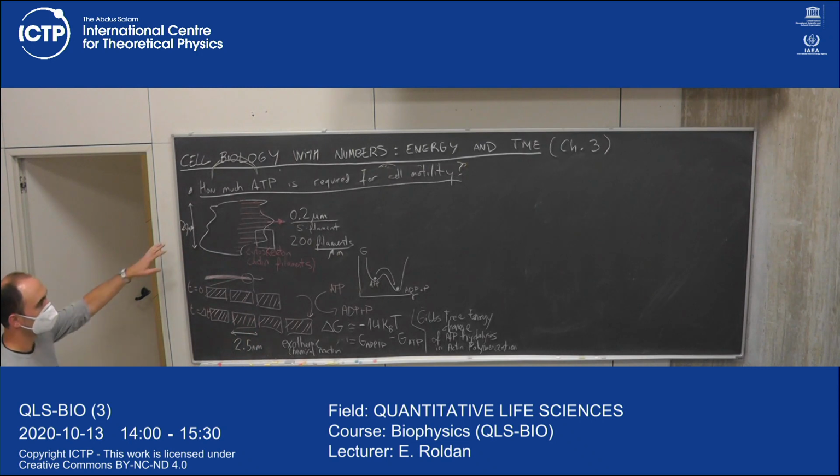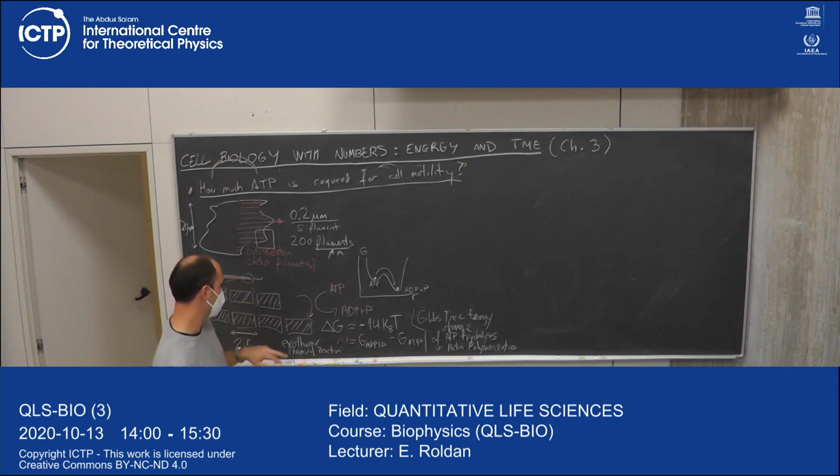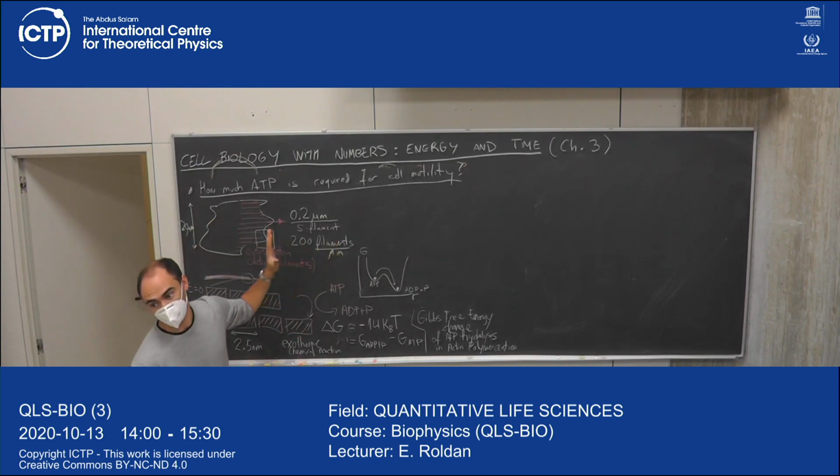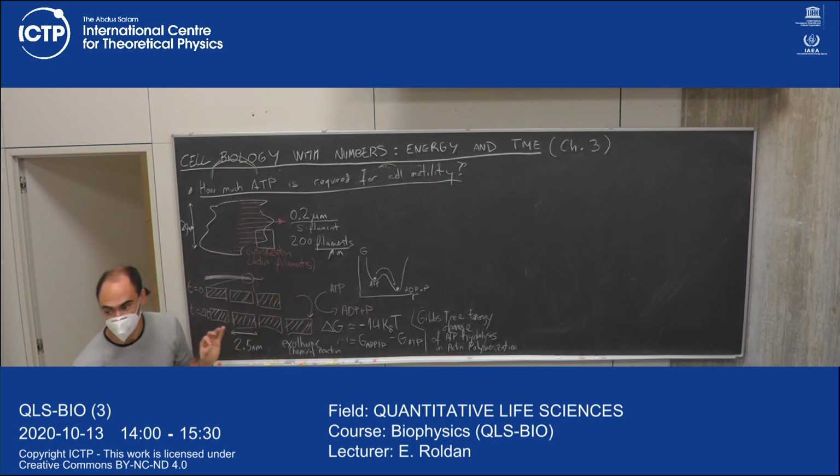So with these numbers, we will calculate how much ATP is required for this cell to move. What I want to solve is how much ATP I need per unit of time.